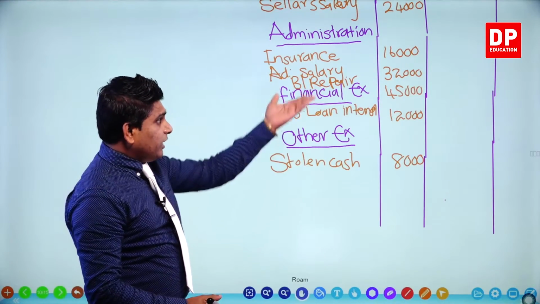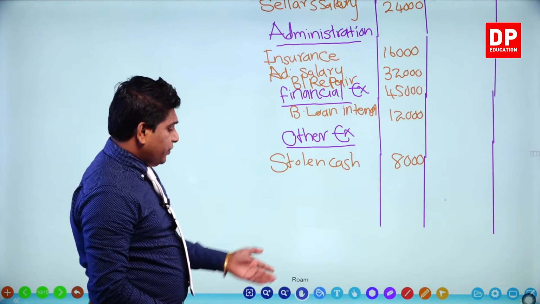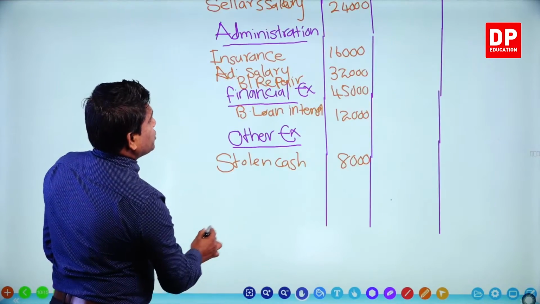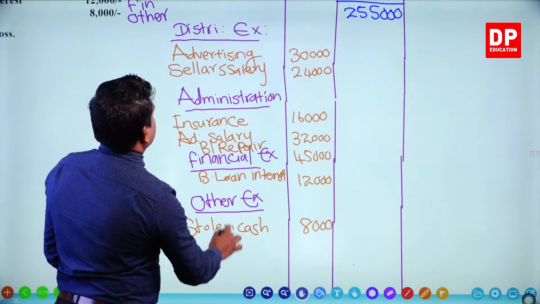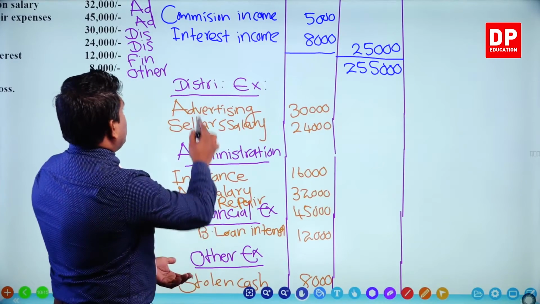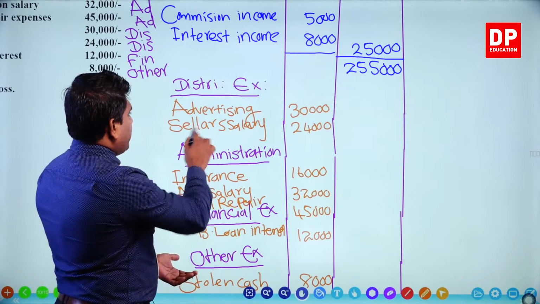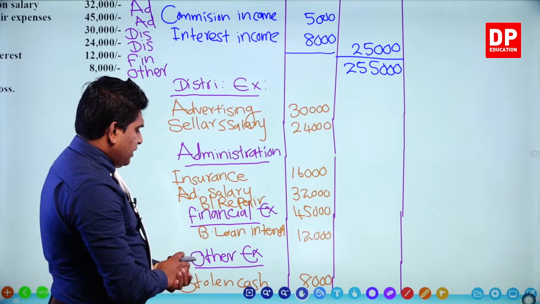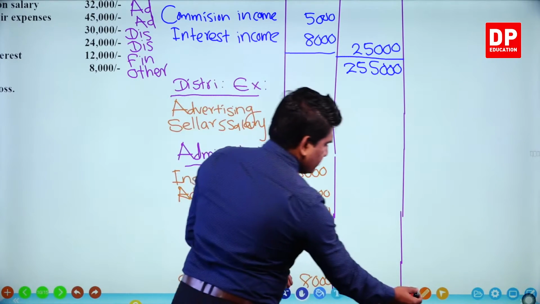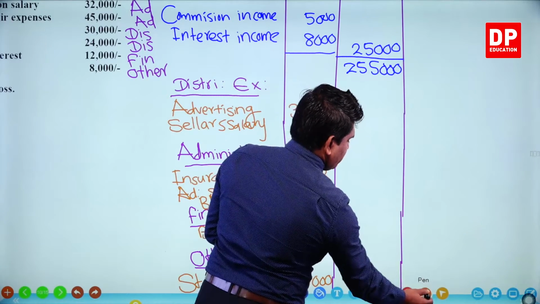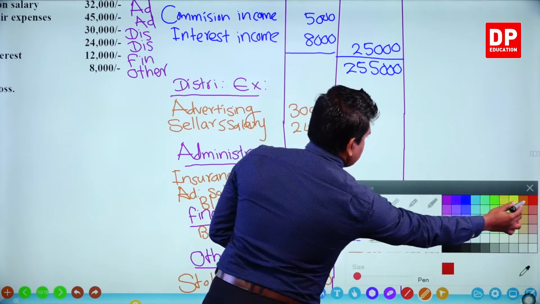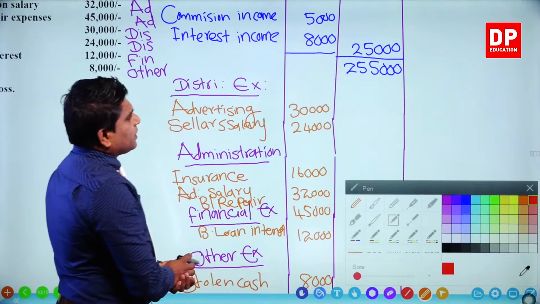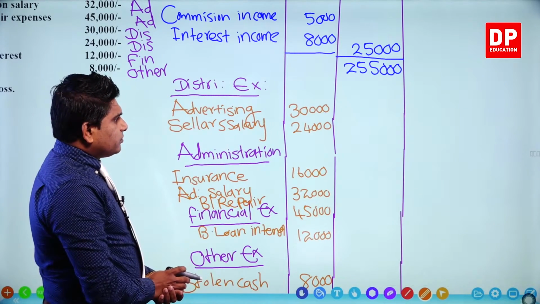We have entered all the details here. Now you know here we can see distributing expense. There are 2, advertising and seller's salary, right? Then we can get the total here. We can get the total to the second column, right?